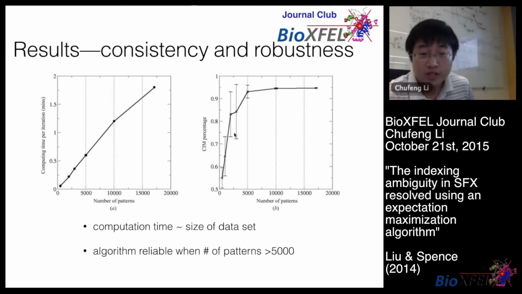So if we have fewer than 5,000 patterns, we have very large error, and the correlation between the reference model and this merging intensity is quite big. So this means not quite reliable. But if we have more than 5,000 patterns, you can see the results are quite reliable, with negligible error here.